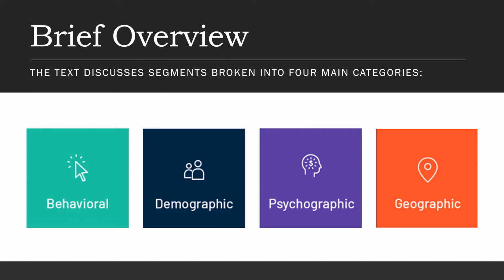Psychographic usually deals with a little bit of personality. Geographic is pretty self-explanatory, and behavioral has to do a little bit with decision roles and personalities as well. So you got your initiators, influencers, deciders, buyers, and the actual users, and those all kind of come together.